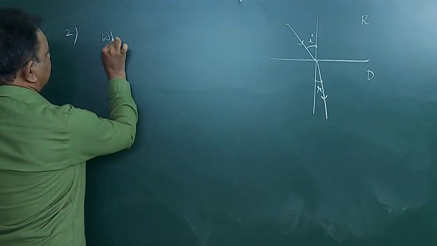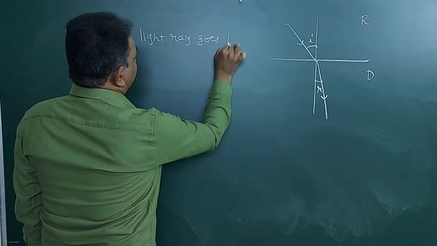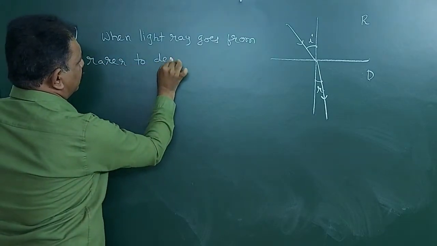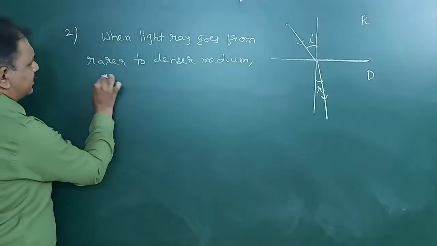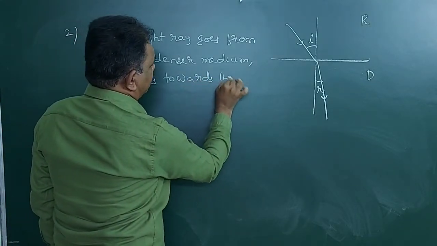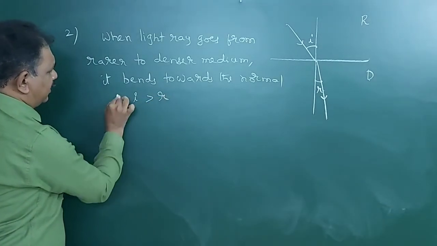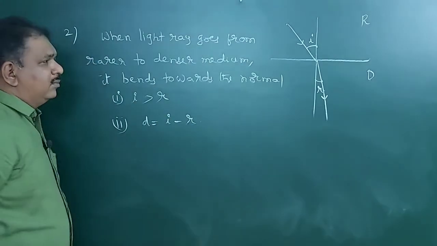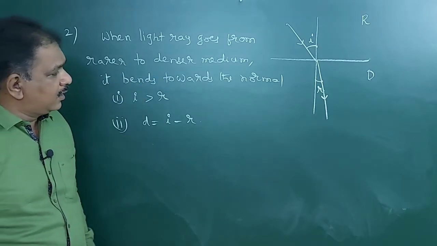So in this case, I value will be greater than R. What is the deviation? I minus R.